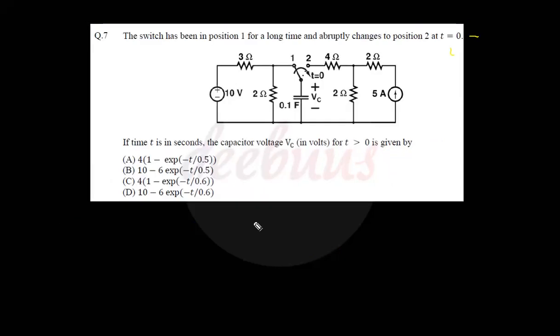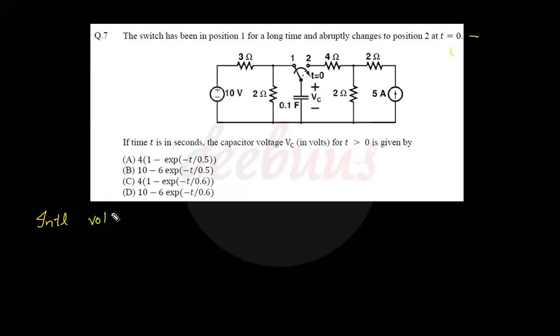Moving to the next question: the switch has been in position 1 for a long time and abruptly changes to position 2 at t equal to 0. If time t is in seconds, the capacitor voltage Vc in volts for t greater than 0 is given by? For t less than 0, the switch is in position 1 and steady state is attained. So we have to calculate the initial voltage first.